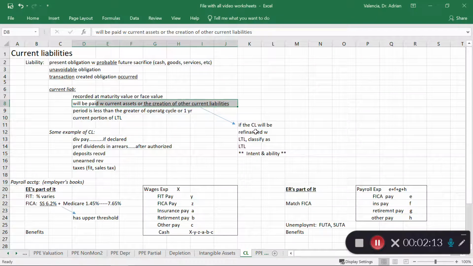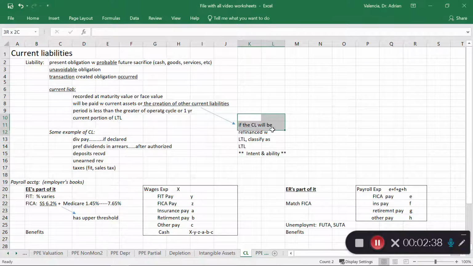I do have a side note here. If you currently have a current liability that is going to be refinanced, but it's not going to be refinanced with another current liability, instead, it's going to be refinanced with a long-term liability, then at that point, you may classify it as a long-term liability. And you got to be really careful with this, because most of the time a company would prefer to recognize something as a long-term liability instead of a current liability.